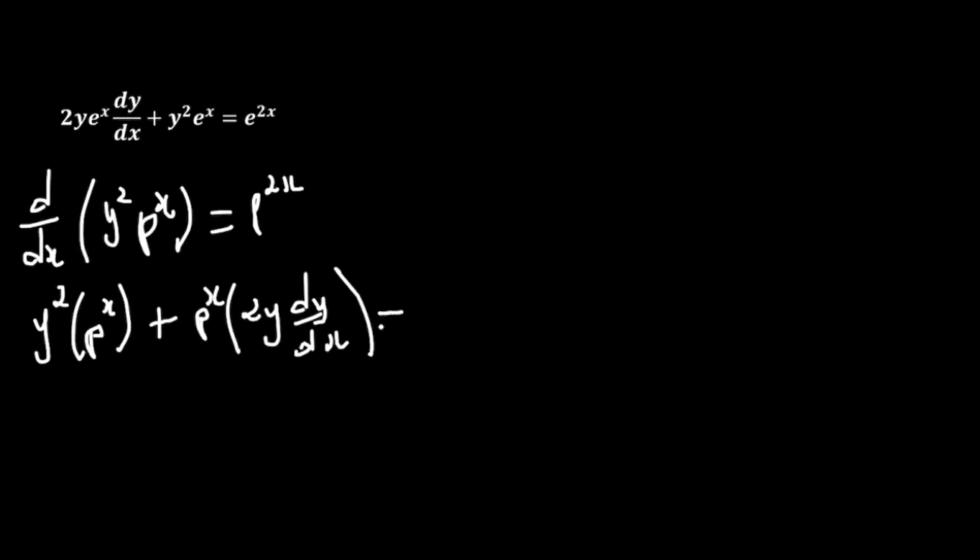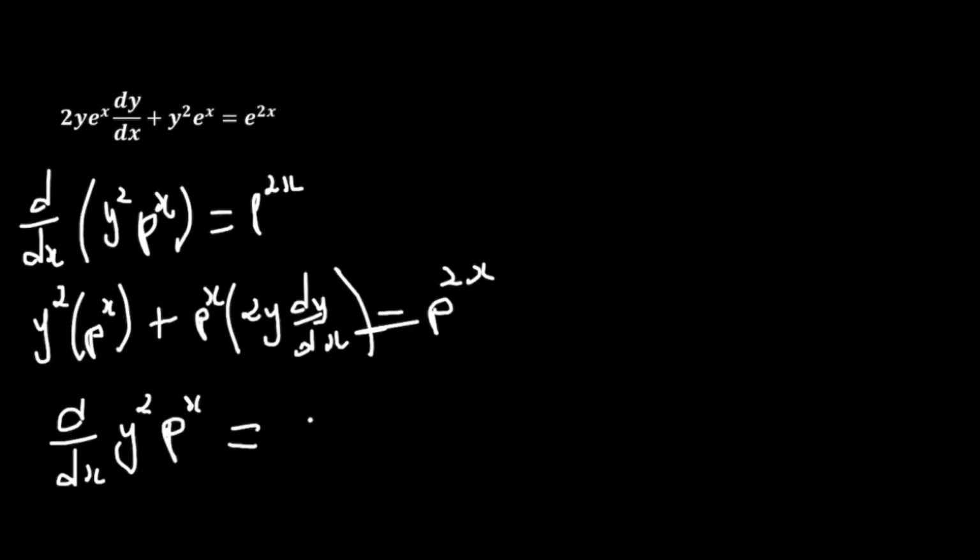So clearly we see here that this looks exactly like what we have above here. We have 2y e to the power x dy dx plus that. So instead of writing this as usual, we are simply going to write d all over dx of y squared e to the power x equal to our e to the power 2x.